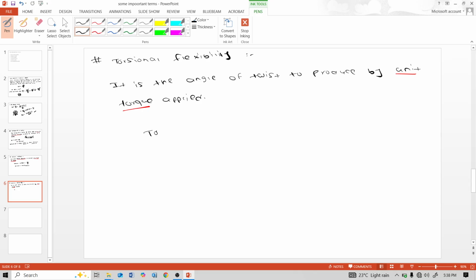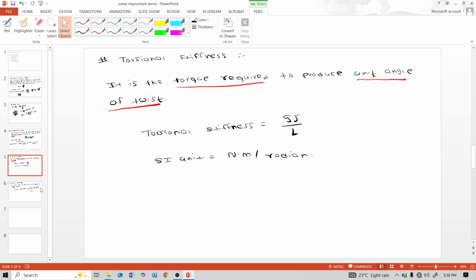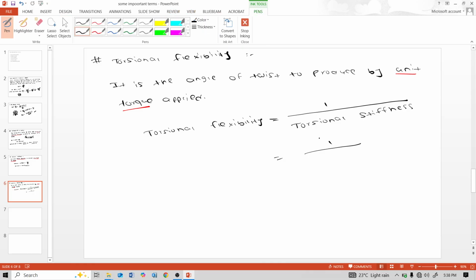Torsional flexibility is equal to 1 upon torsional stiffness, and this torsional stiffness is GJ upon L. Therefore, L upon GJ is torsional flexibility.